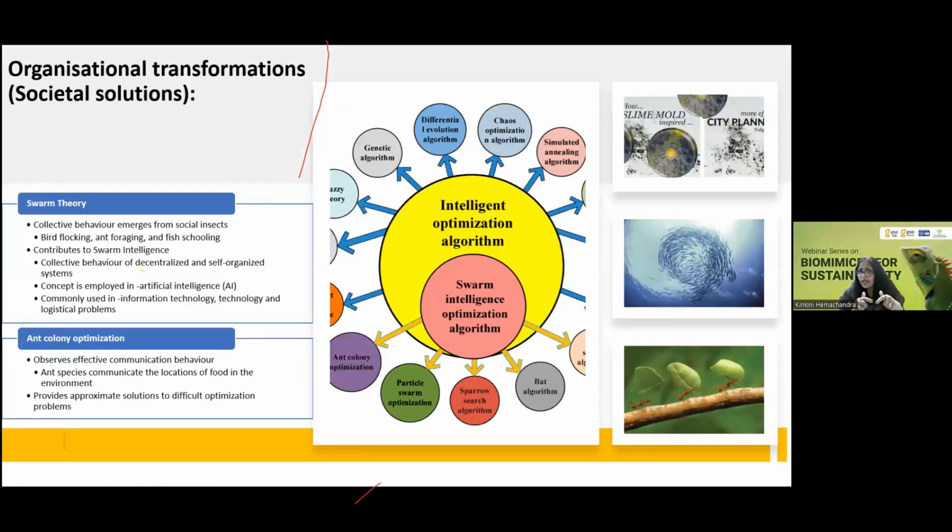So you may wonder, can we bring that biomimicry into our societal problems? Of course. And you can see there are two theories I have highlighted here. One is swarm theory, which is like when bees are moving, they are not going in isolation, but they are going as a group. But they have several patterns of moving.